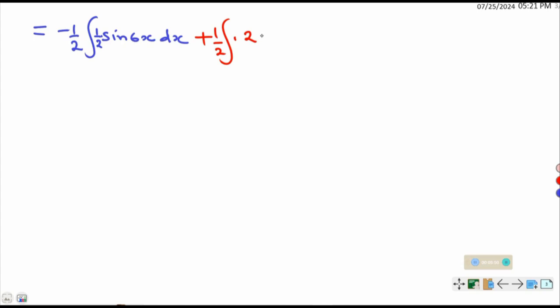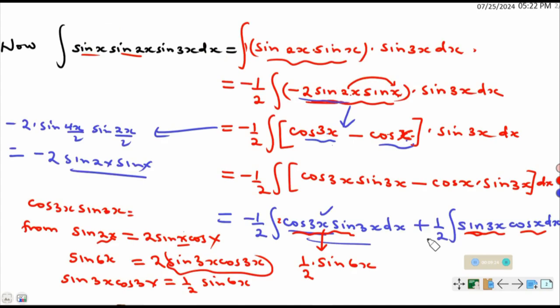It becomes 2 sine of 3x cos of x. But the moment you create this 2, you must multiply by a half. So this will be a half times 2 sine of 3x cos of x dx. And that one can be easily seen from here.